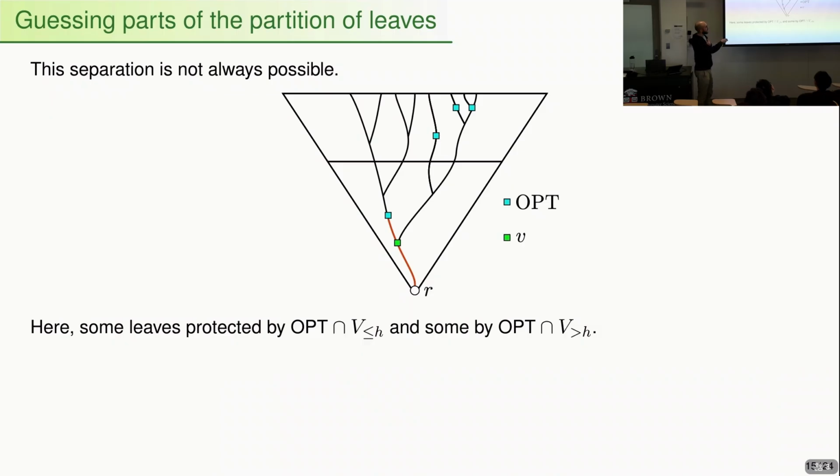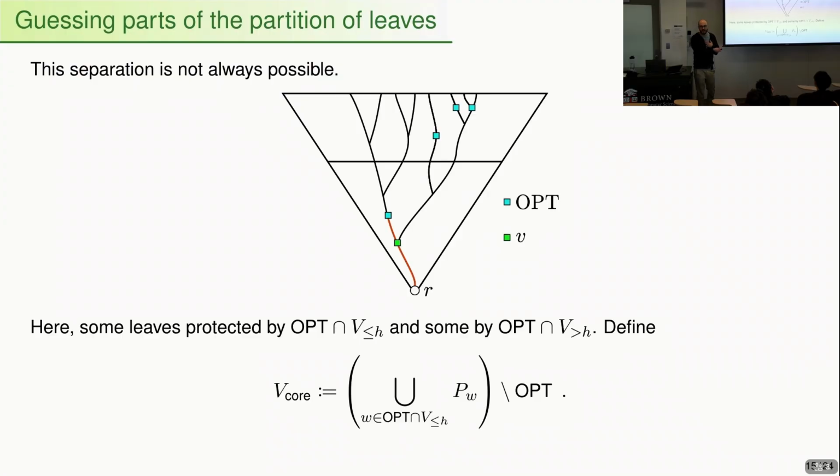But the nice thing is, when can this occur? We can pretty much describe the vertex set for which this is the case, and it doesn't contain too many vertices, because these are exactly the vertices which lie on paths going from the root to opt vertices in the bottom levels. For example, all the vertices on this path here.